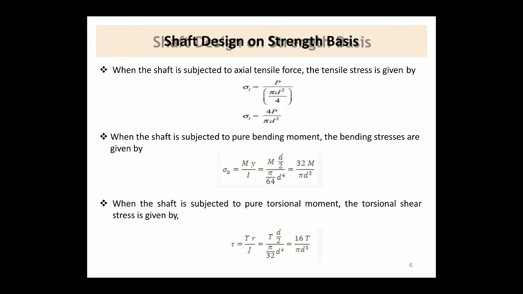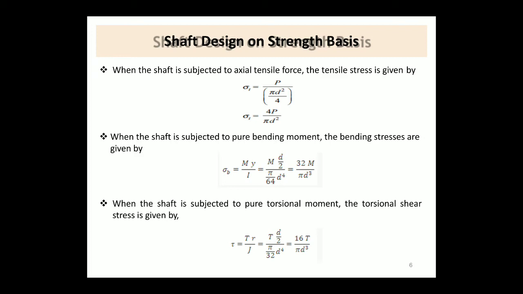So it becomes sigma equal to My upon I. Here M is the bending moment acting on the shaft, I is the moment of inertia about the axis of bending, sigma b is the bending stress and y is the distance from the neutral layer, that is d by 2. So the equation becomes sigma b equal to My upon I.